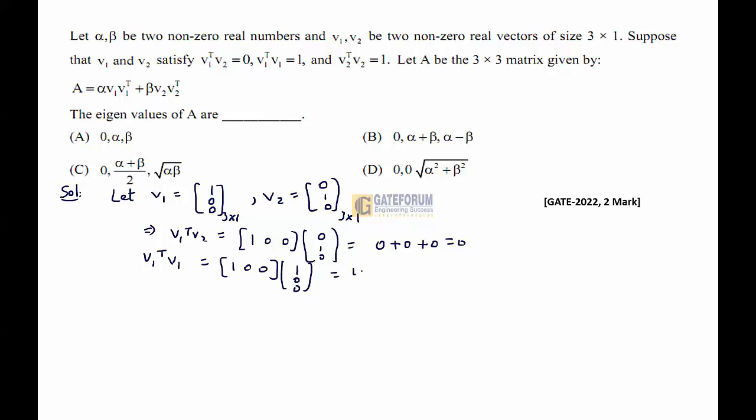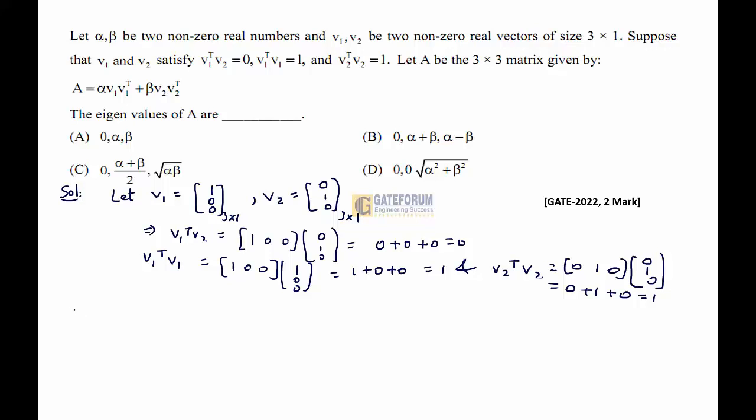So this is 1 into 1, 1 plus 0 is equal to 1. And finally, v2 transpose into v2. This is also row vector 0, 1, 0 multiplied by column vector 0, 1, 0, equal to 0 into 0 plus 1 into 1 plus 0 into 0. This gives 1. Okay. So the given conditions are satisfied for our v1, v2.